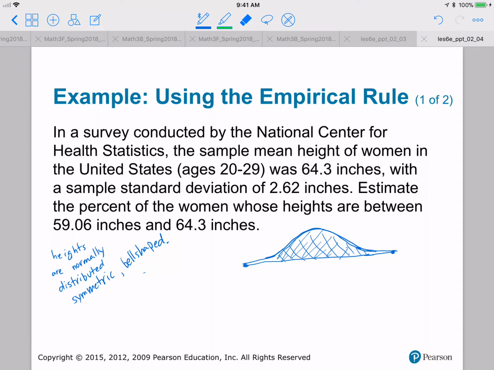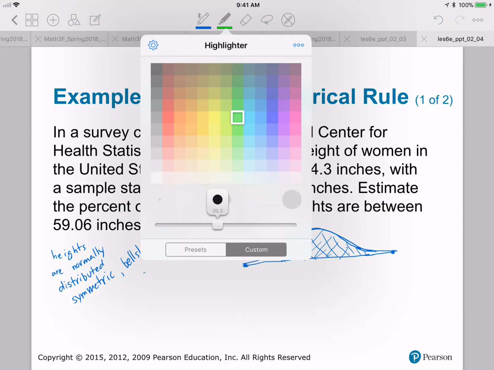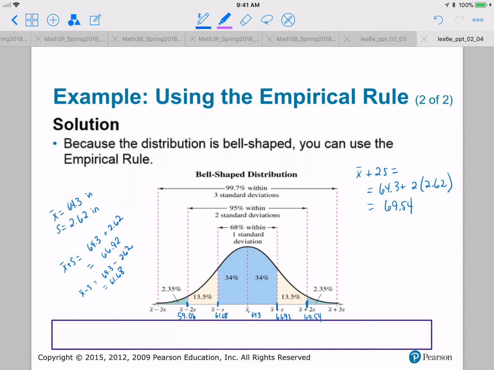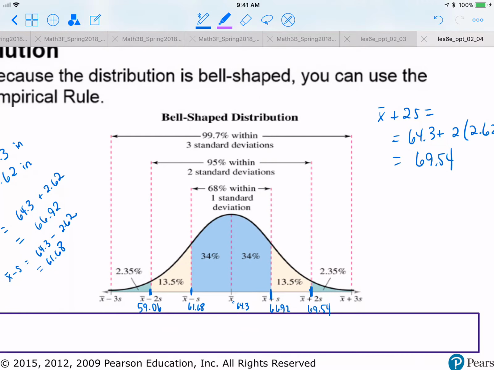So the question was asking, estimate the percent of women whose heights are between 59.06 inches and 64.3 inches. Okay, so if we want to estimate the number that are between 59.06 and 64.3, we need to estimate what percentage falls in the purple area.